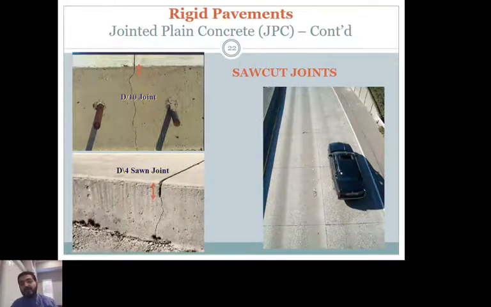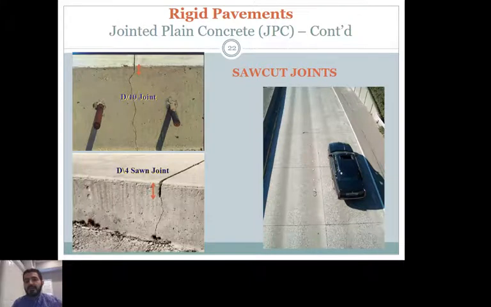So after a certain amount of time after pouring the concrete, typically the window for doing the saw cut is somewhere between 12 to 48 hours. If you wait too long, the concrete is going to shrink by itself and it's going to have cracks all over the place. And if you do it very early, the concrete doesn't have enough strength to apply a saw cut joint on it.